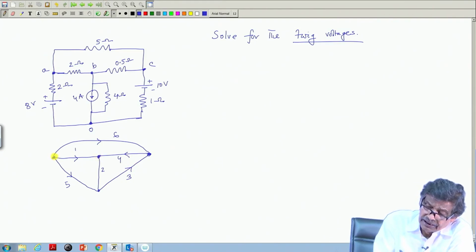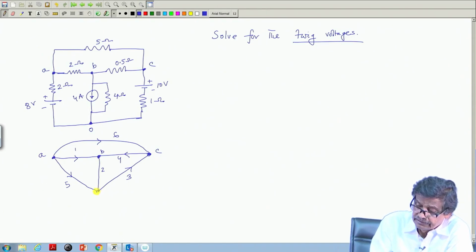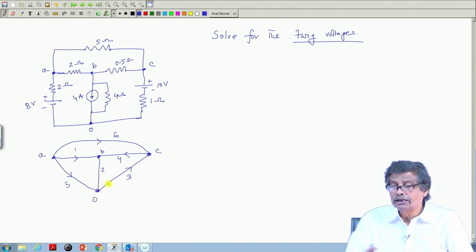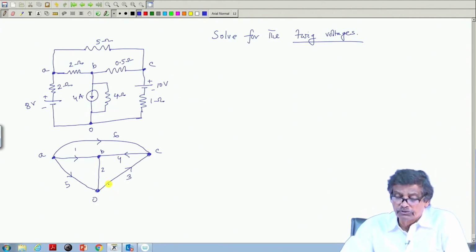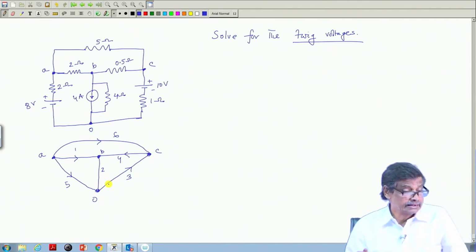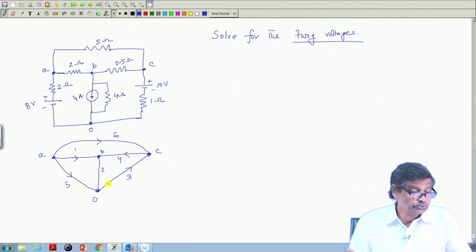Node names I do not change: A, B, C, and this is O. If I know the twig voltages, then all other branch voltages can be found out. So, we say that if you know the twig voltages, you have almost solved the circuit, that is the whole idea.